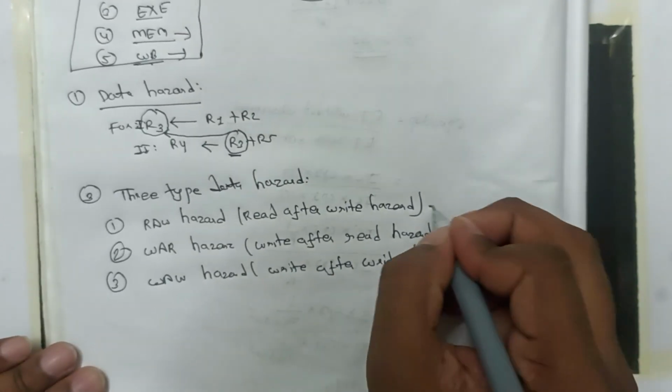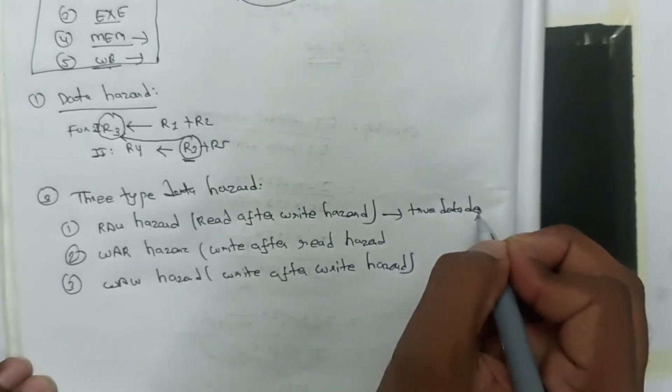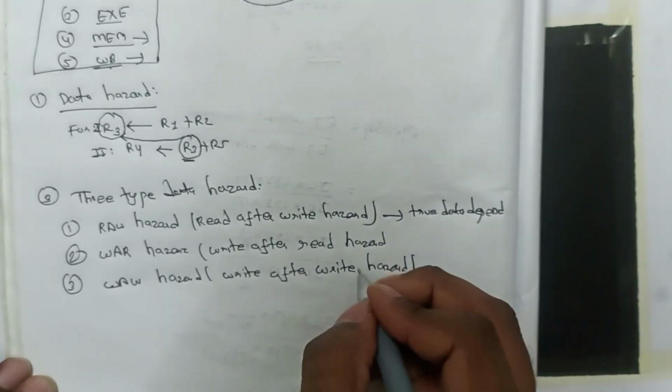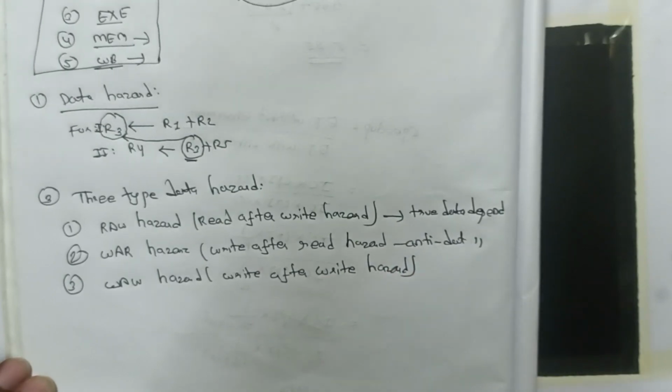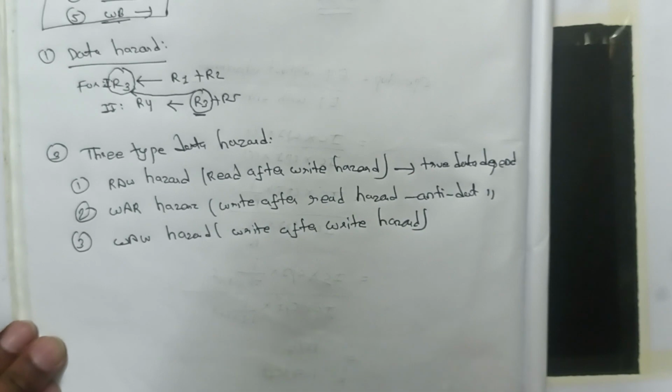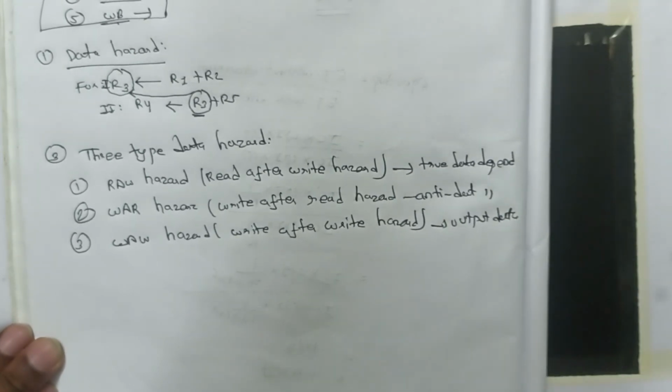The RAW hazard is also known as true data dependency. WAR hazard is also known as anti data dependency. WAW hazard is also known as output data dependency.